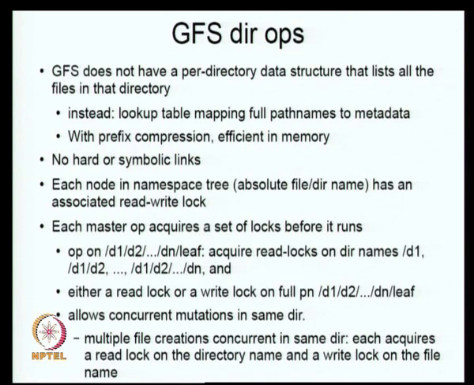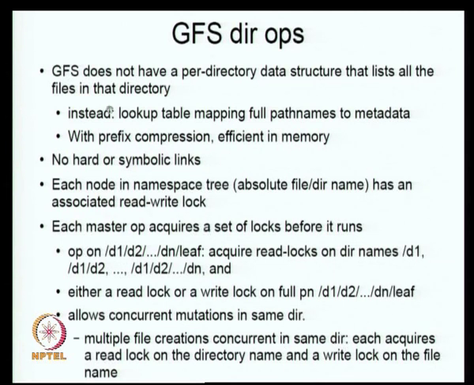That means if you want to do multiple file creations, they will have to take a write lock on the directory entry also. Whereas in this case, they just take a read lock on the directory name and a write lock on the file name. So this allows for a slightly higher amount of concurrency.